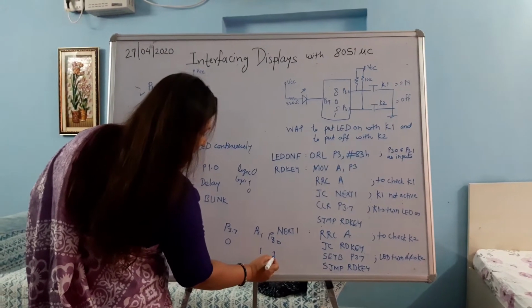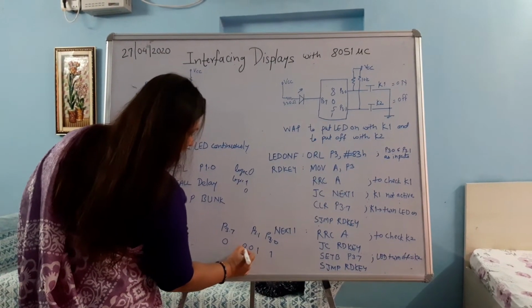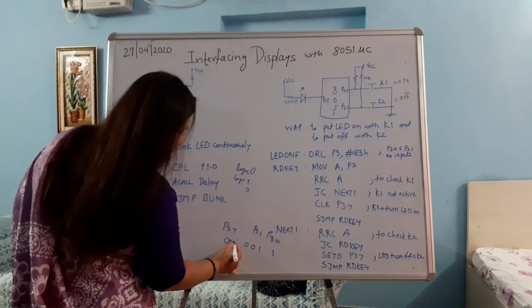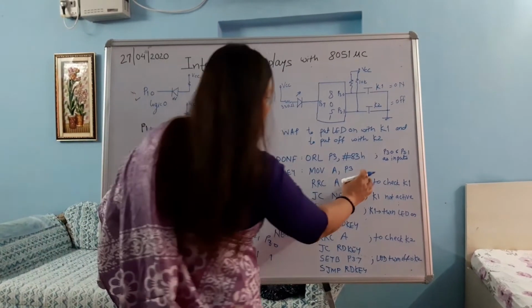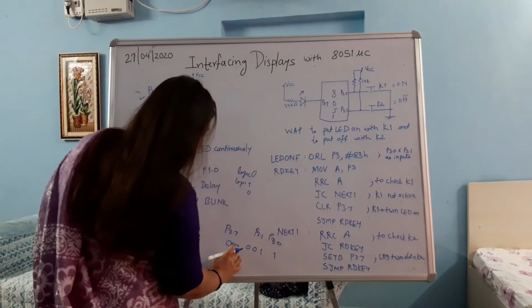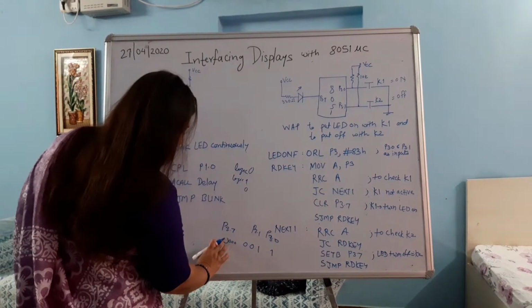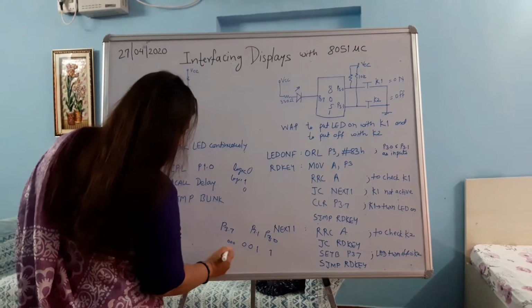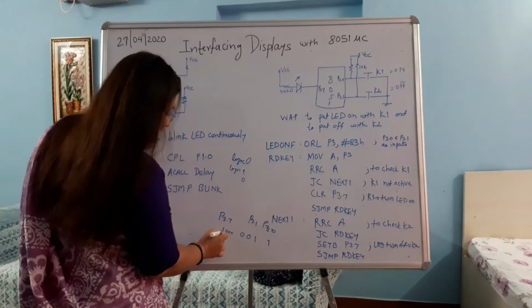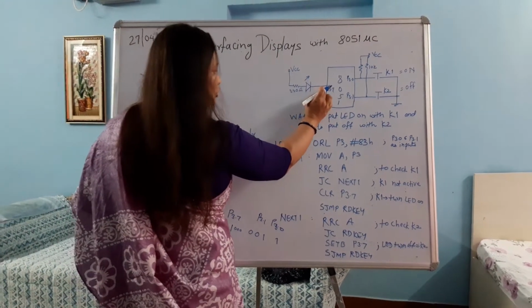So this will be 1 1, then 0 0 over here, and then subsequently 0 0 0. Now we have taken 83 here. The reason for taking 83 is that initially 1 means the LED is put off.